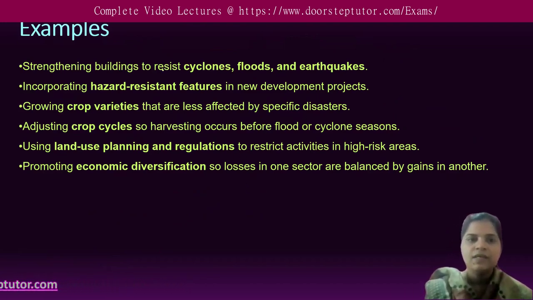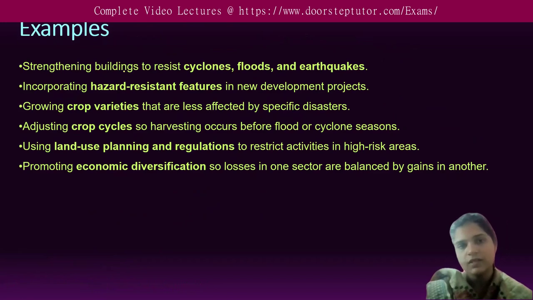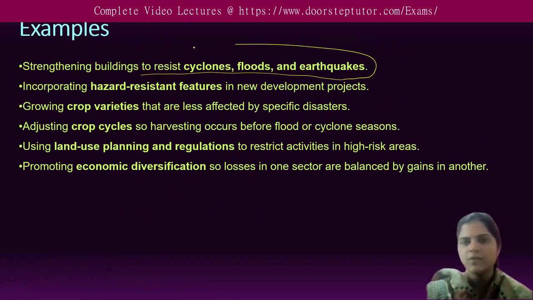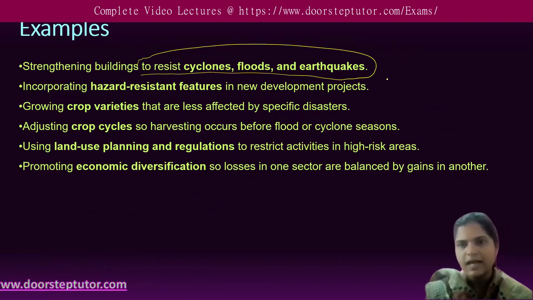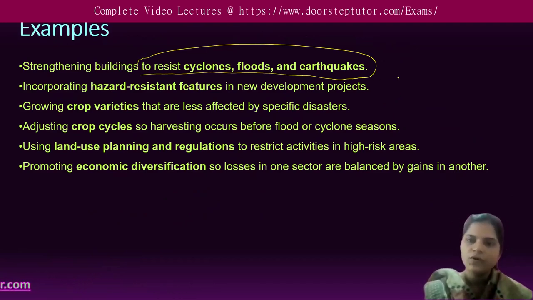Then we have examples of particular measures in the disaster risk reduction dimension. We can make buildings strong enough to resist a cyclone, flood, or any kind of earthquake. So it is very important to follow the guidelines or codes put forward by the disaster management authority or government organizations, so that we can minimize the impact.